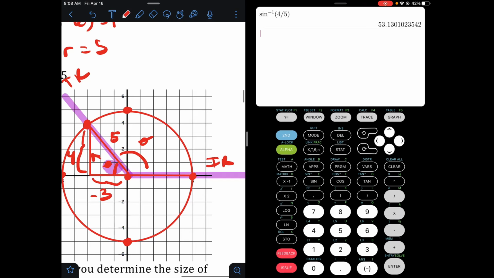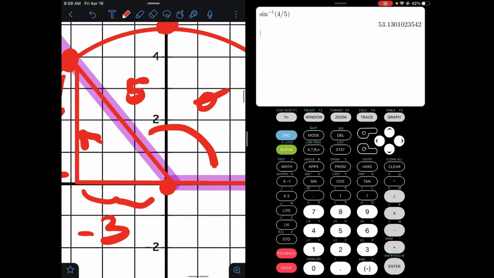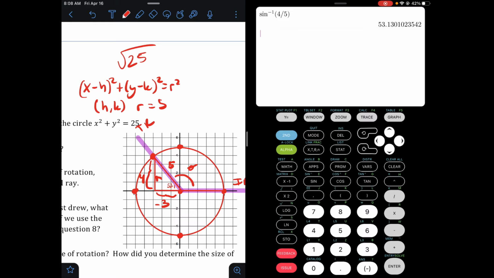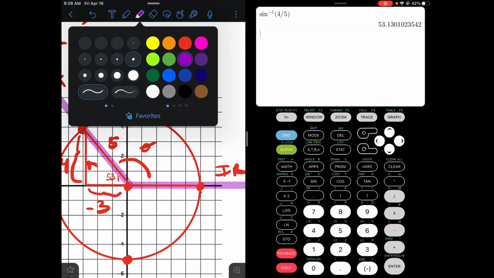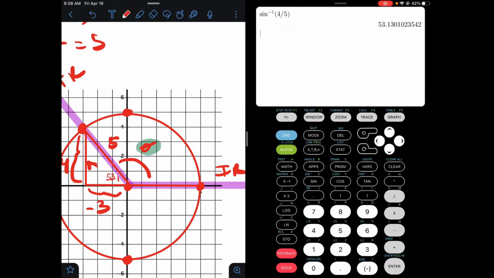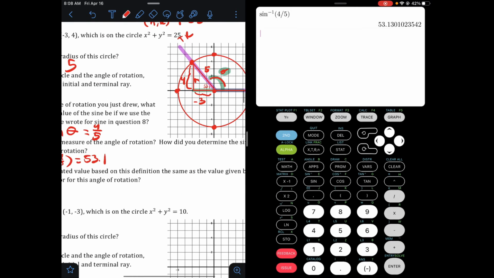All right, so that gave me, I feel like I got so much going on here. We got that this guy here is 53.1, okay? And they want to know the angle of rotation here. So that's actually this guy. Well, if we know that this guy here is 53, and they end up making a straight line, to find the value of this, we just have to do 180 minus 53.1.